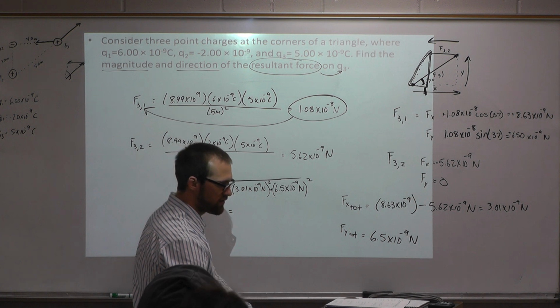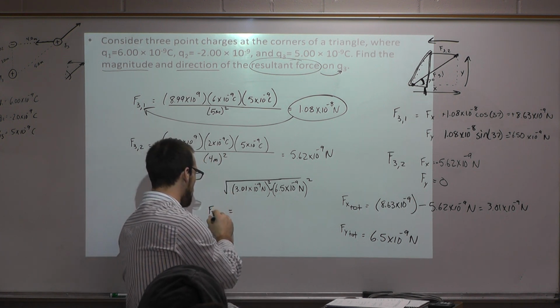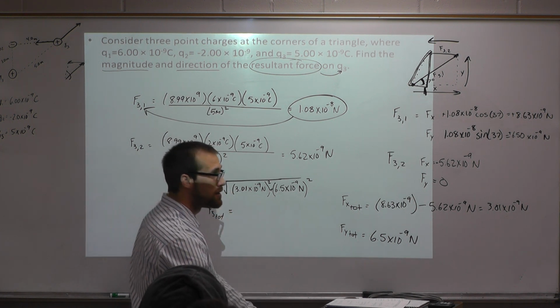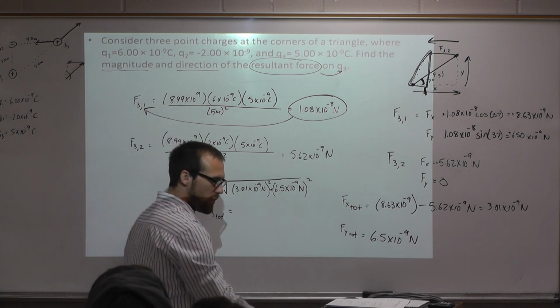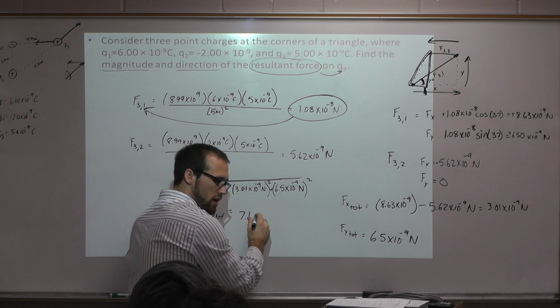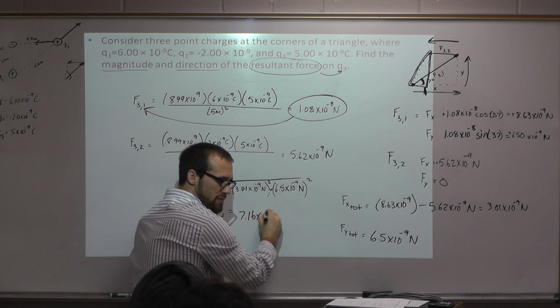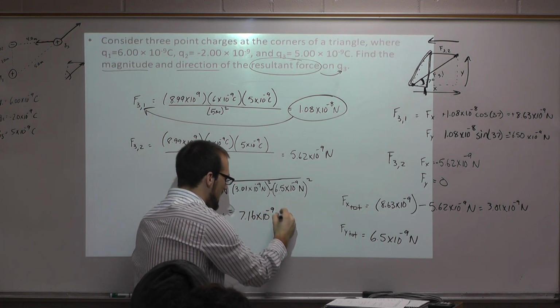Your resultant vector, which would be your F3 total, the sum of both those vectors, will be 7.16 times 10 to the negative 9.